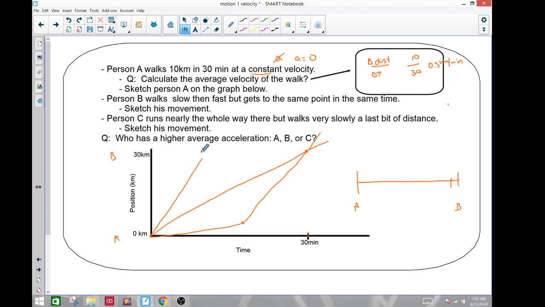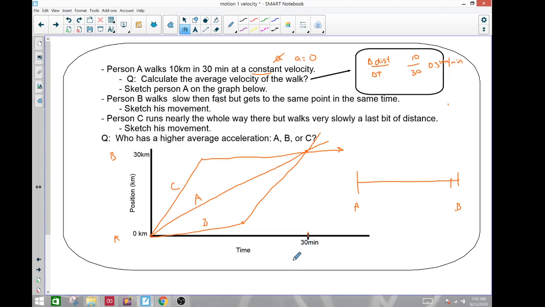They're only a little left, but spends a good amount of time barely walking. So there you go. This is A person, B person, C person. Most of the time that C spends is walking.